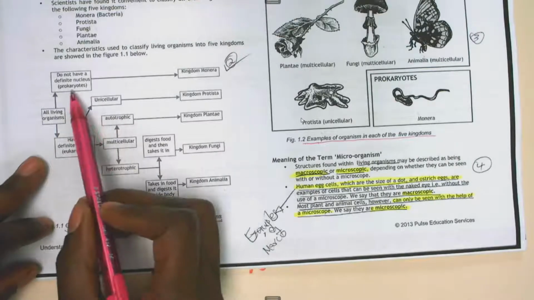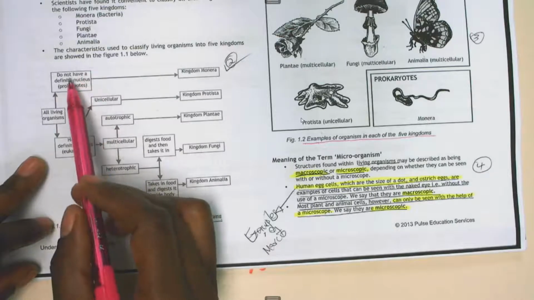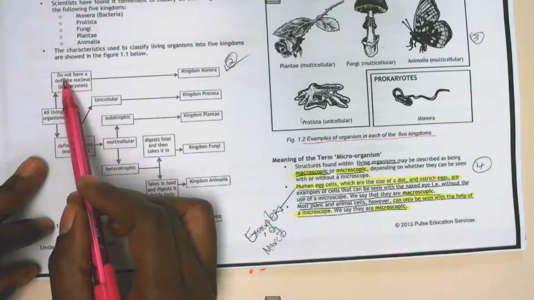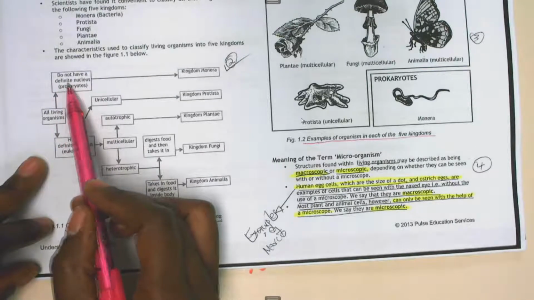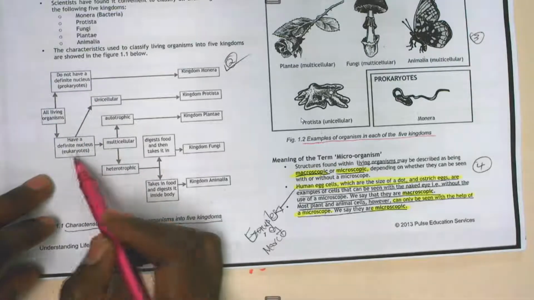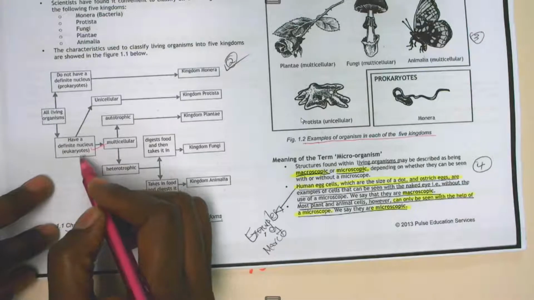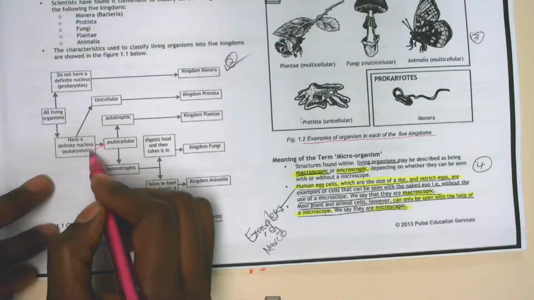Prokaryotes are all the organisms that don't have a definite nucleus, and eukaryotes are all organisms which have a definite nucleus.